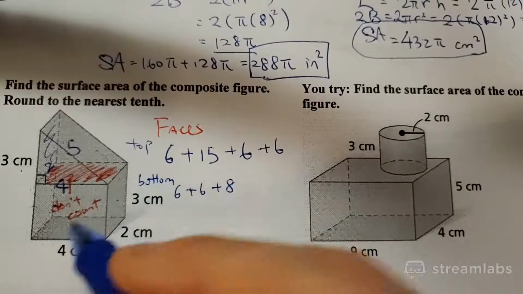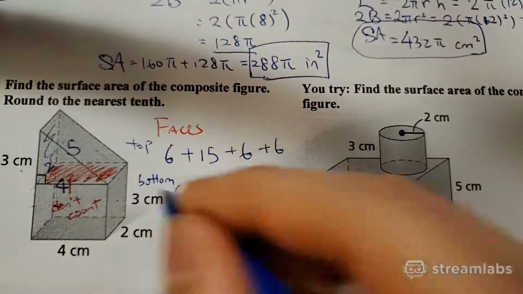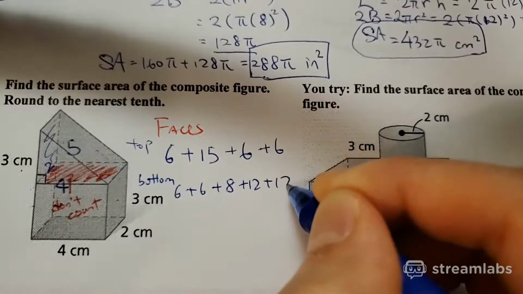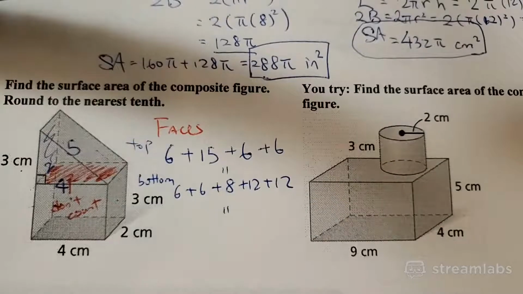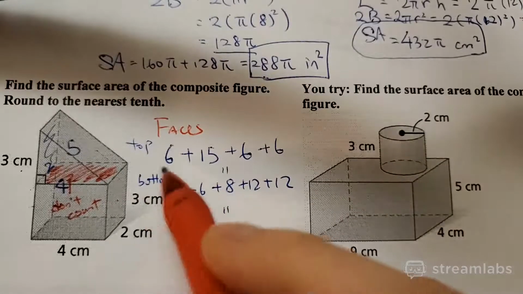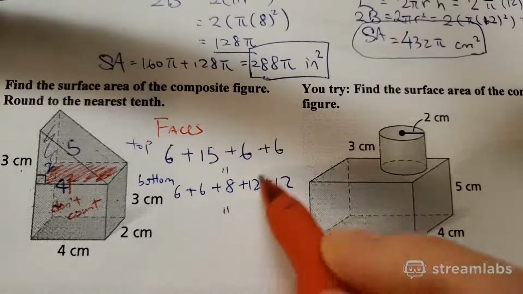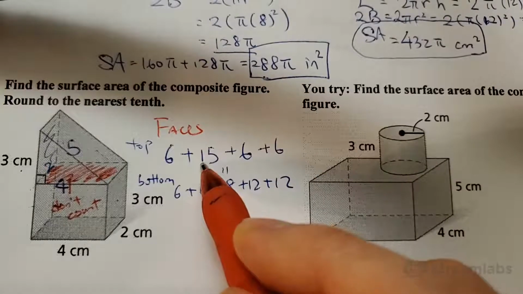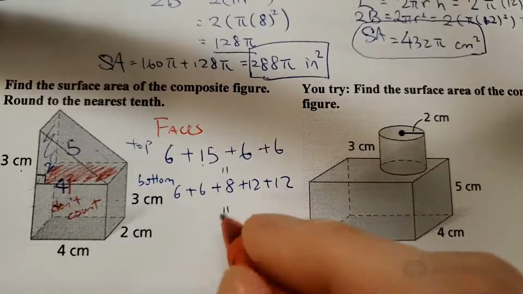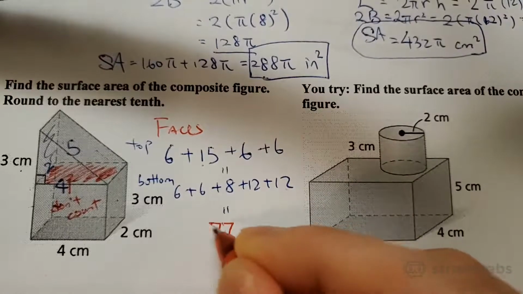And then the faces on the side, which is 4 times 3, which is 12 plus 12. Okay, so together, add them up. It'll be 30 plus 20 would be 50, 65, 77. Is that right?